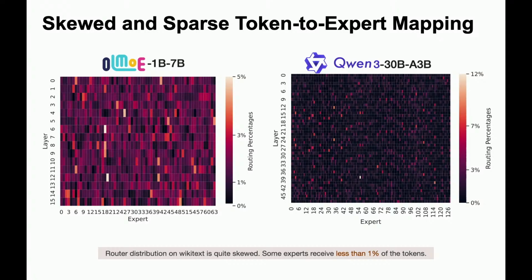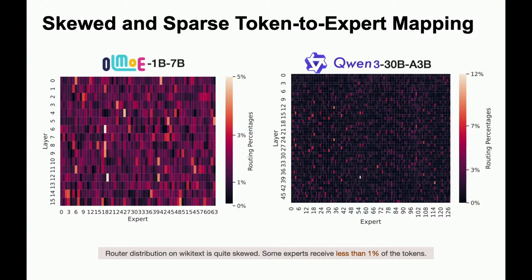So where is the sparsity in mixture of experts? Here I'm showing you the router distribution for two open source large models. This is OLMoE. The total number of parameters is 7 billion, out of which 1 billion is activated per token.